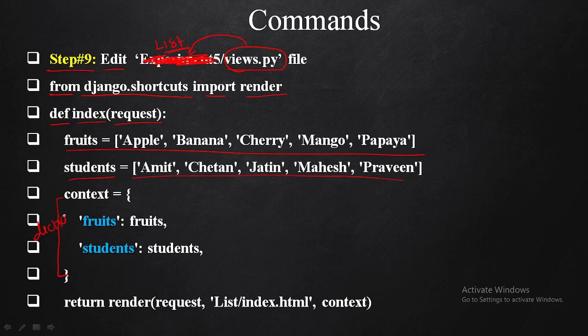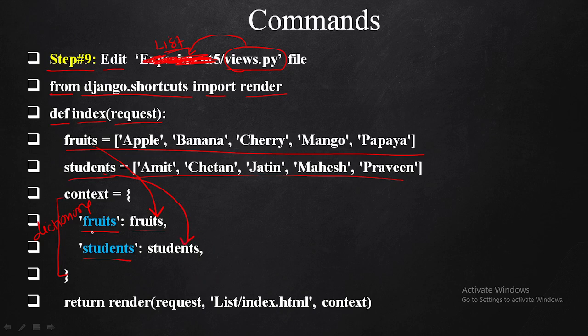So context is a dictionary which contains two lists. This is a key, fruits, and this is its value. Students is a key and the value of that is the students list.